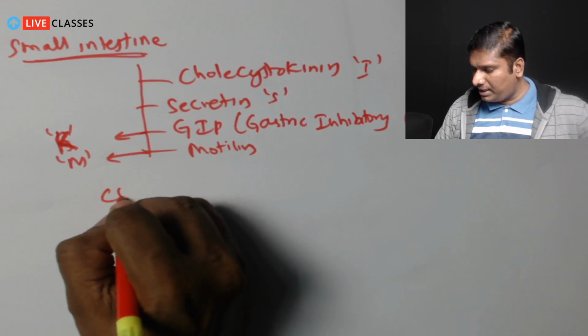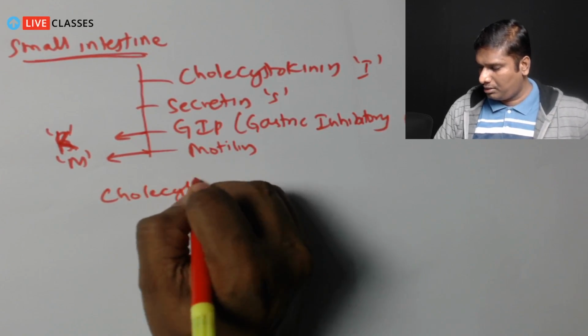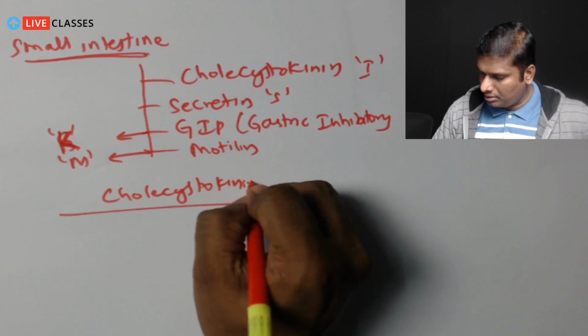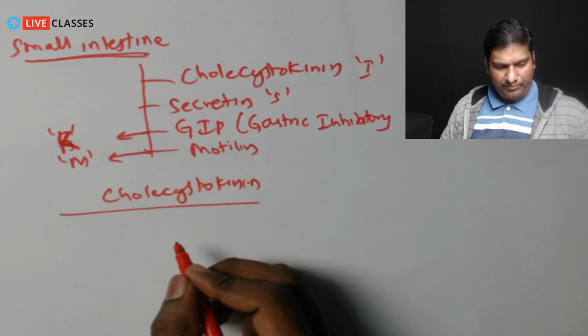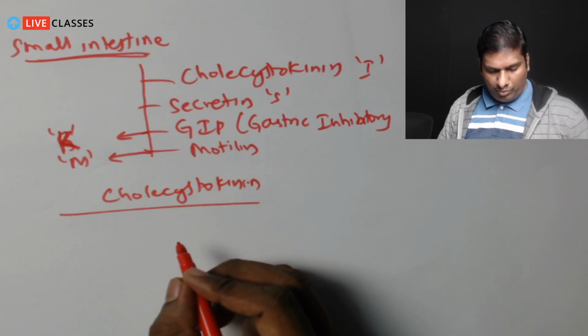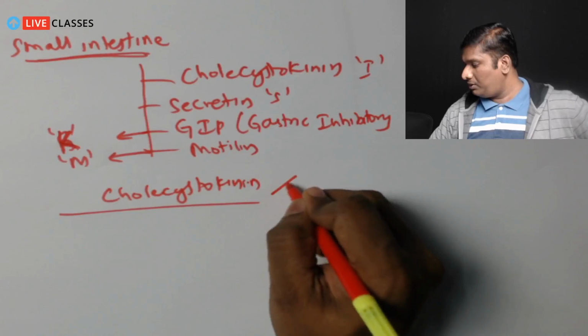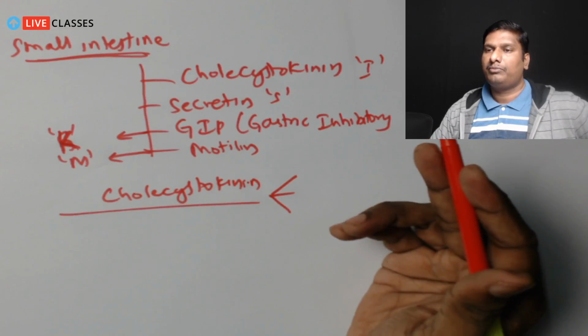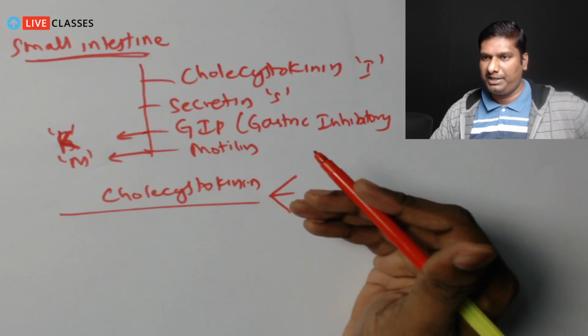If you take cholecystokinin, you know that the pancreas secretes the pancreatic enzymes as well as bicarbonate, right?